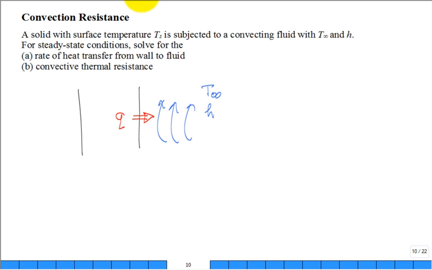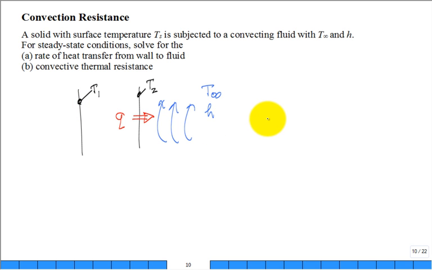The solid's at a temperature T. Let's call this temperature T1 and this temperature T2. You should be able to write it for whatever temperature is appropriate. So T2 is, for this problem, the temperature of the surface of the solid exposed to the fluid.